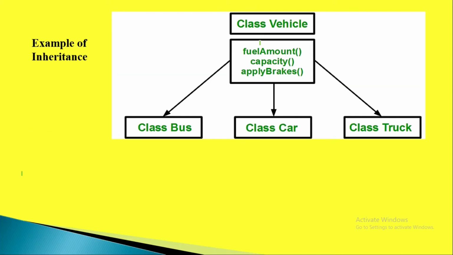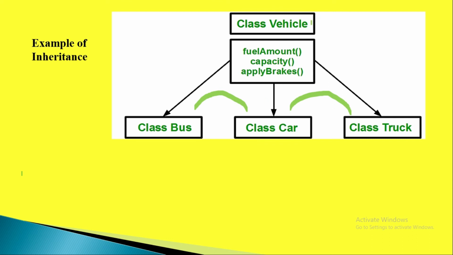Now there is one class called vehicle. और किसी भी vehicle के fuel amount, capacity, apply brakes, they can be the common functions. ये तीनों की तीनों, all these 3 have common methods, fuel amount, capacity, apply brakes available from class vehicle and they inherit all these 3 functions automatically. और अपने functions को इसमें ये अलग से add on कर सकता है.